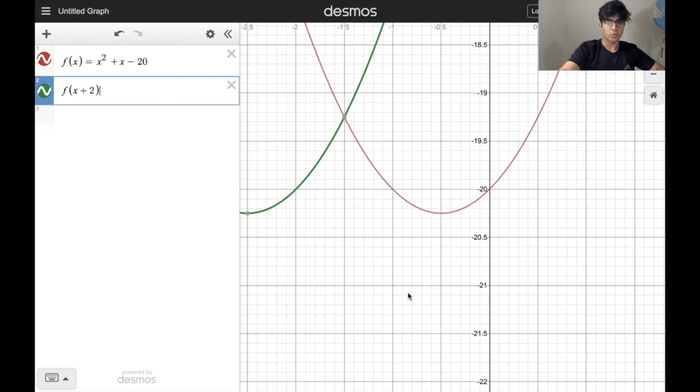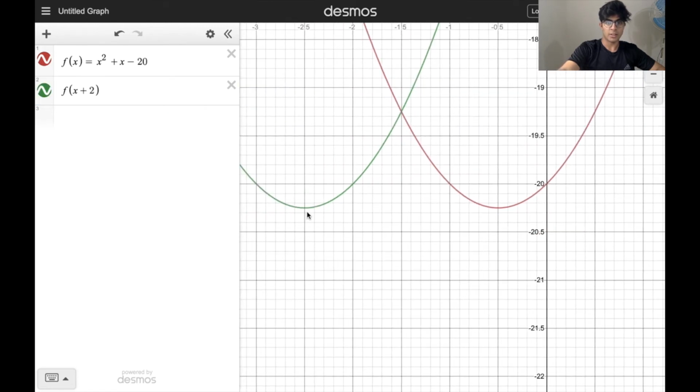The way you might want to think of this is, if you think about this point here, it's minus 2.5 on the new curve. But if we plug this into the old curve, the y value we're looking for is the y value at x equals minus 0.5, because minus 2.5 plus 2 is minus 0.5.